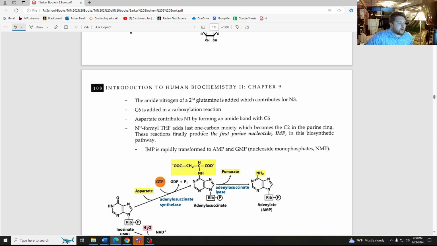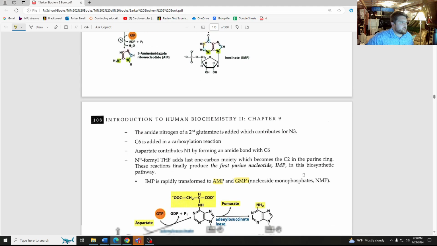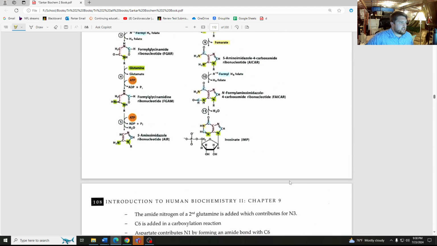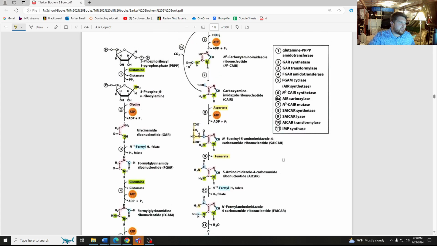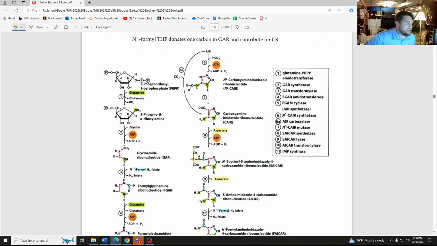These reactions finally produce the first purine nucleotide, IMP, in this biosynthetic pathway. IMP is rapidly transformed to AMP and GMP, those nucleoside monophosphates. So again, there's a lot of steps in all of this, a lot of big names.